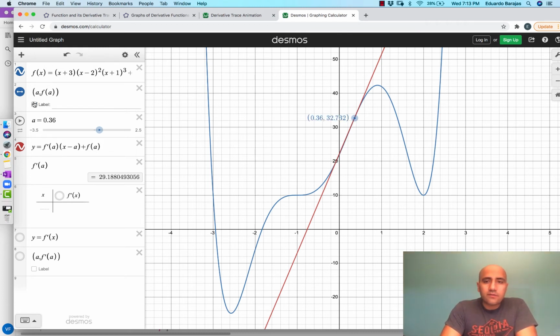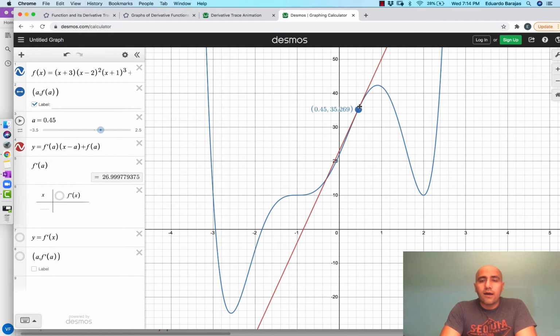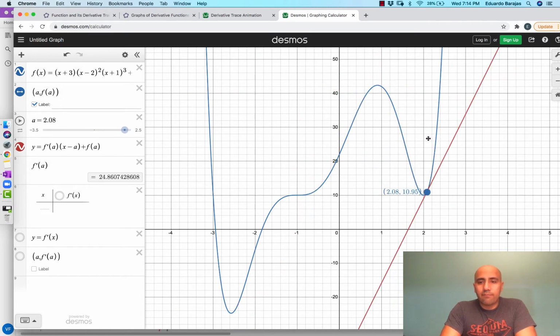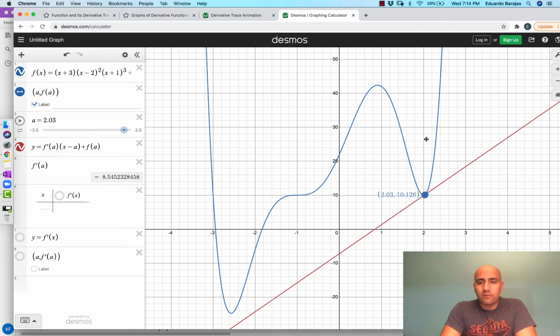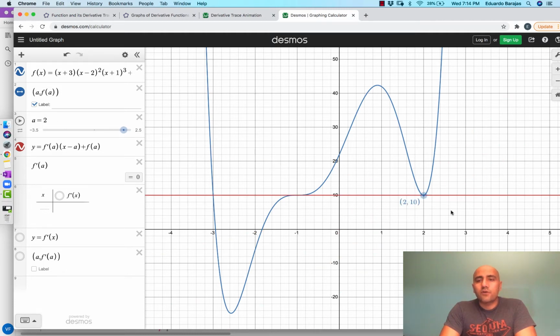So let's label it. Here we have an input-output pair for our function, but then we also have the slope of the tangent line. Some of those are really easy to spot, like right around there. There, the tangent line is horizontal, so I know that the derivative will be 0 at this point.